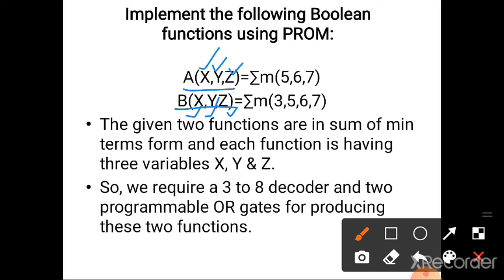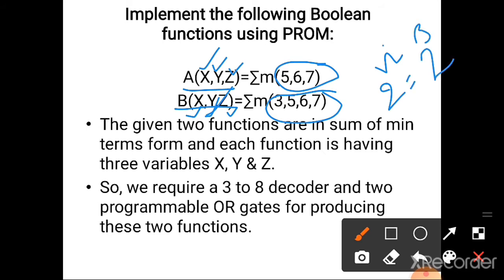And here we require minterms 3, 5, 6, 7. Using 3 inputs, how many outputs are there? 2 raised to n, n is 3, so 2 raised to 3 is 8 outputs. So instead of AND gates, we are using a 3 input 8 output decoder.